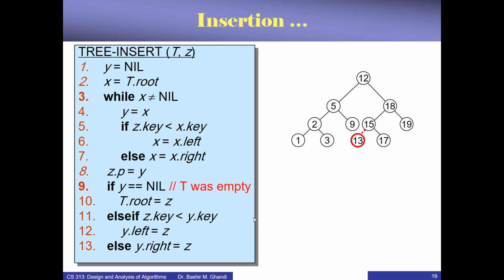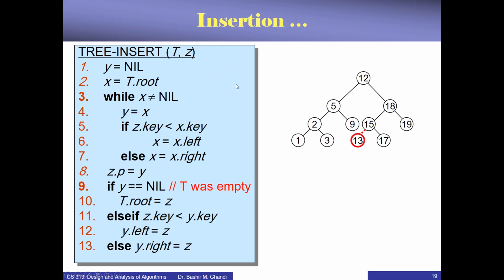And here is the full algorithm. Okay, we start with T as the root of the tree, and Z is the node that we want to insert. Remember, in this course, the parameter here is not a key, actually it's a full node.